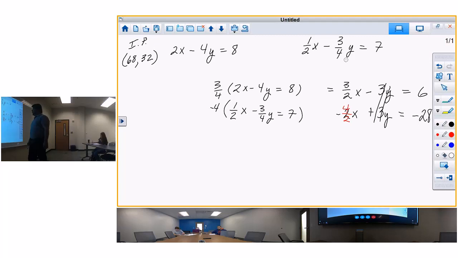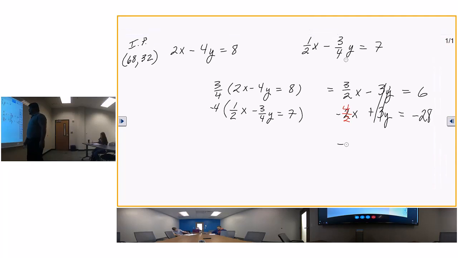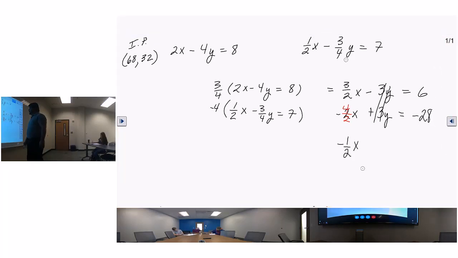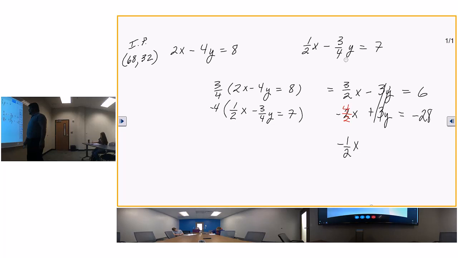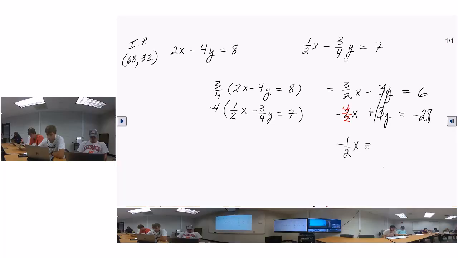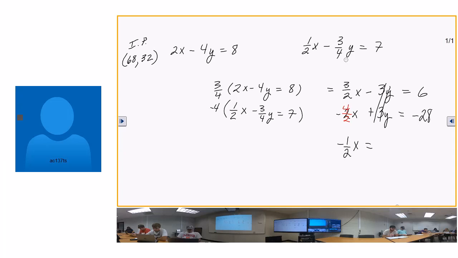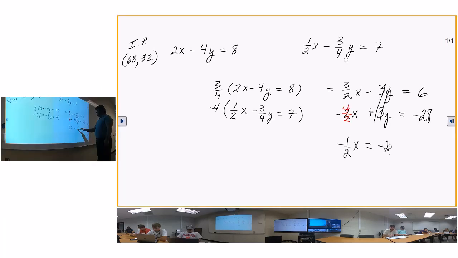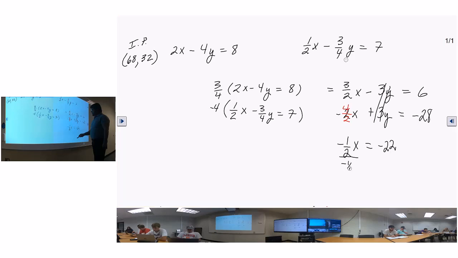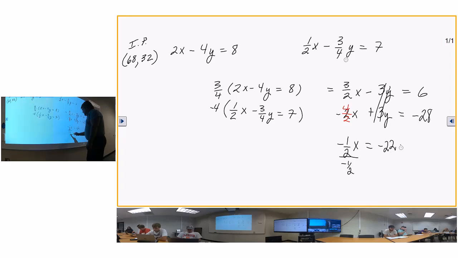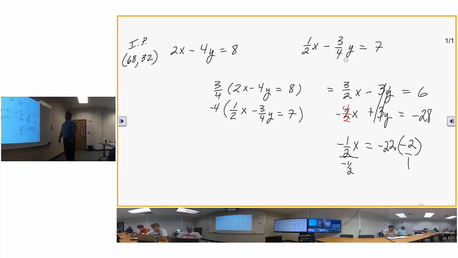What's 3 minus 4? -1/2 x equals, what's 6 minus 28? We'll divide by -1/2, or multiply by -2. And that gives us what?